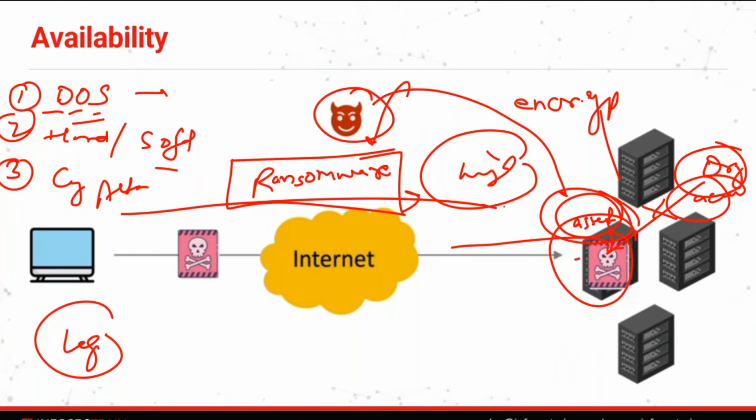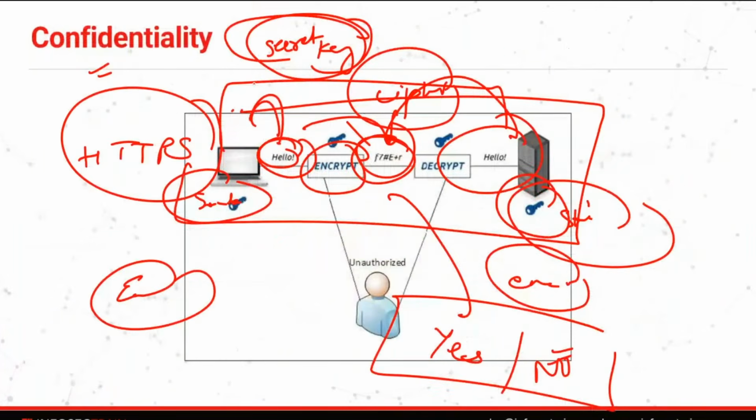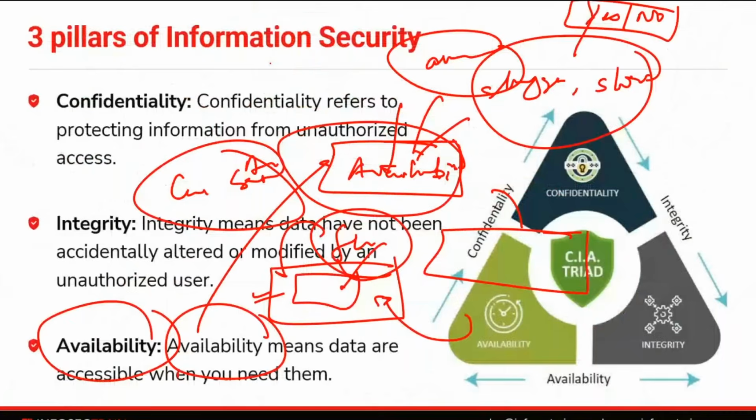Now the attacker is going to demand some kind of ransom from the organization, and only when the organization gives the ransom to the attacker, only then is the attacker going to provide the key. This is the key that we talked about, this secret key that is important to decrypt and encrypt.